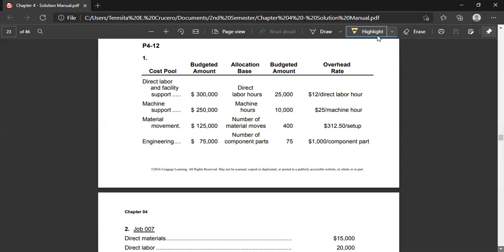So you get $25 per machine hour. For material movement, $125,000 divided by 400, the number of material moves. So you get 312.50 per setup. And for engineering, you have 1,000 per component part.